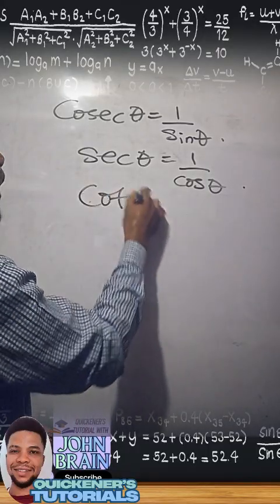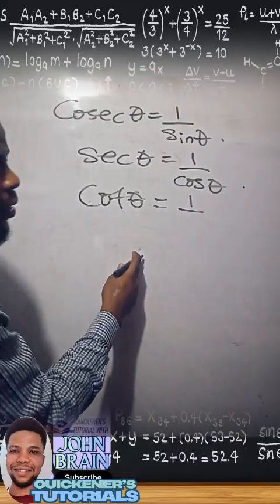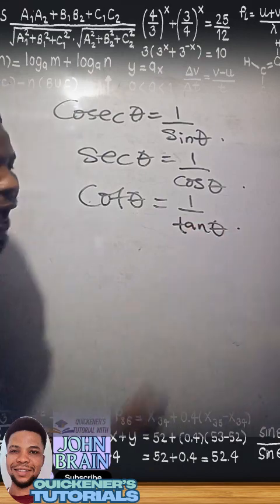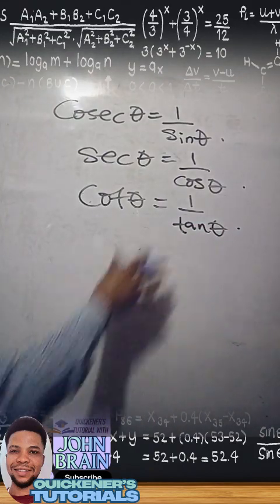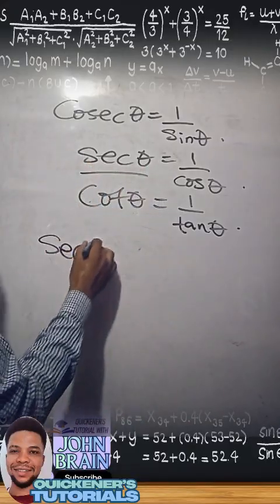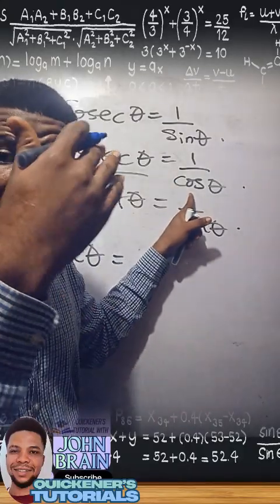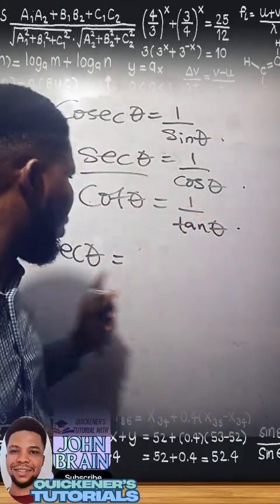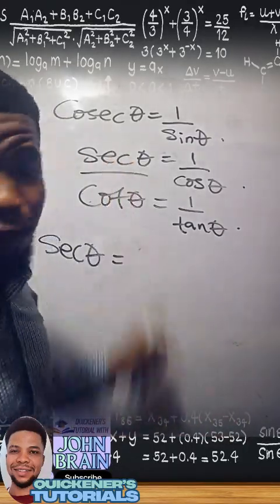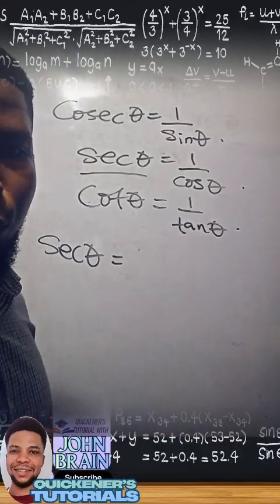Cot theta is 1 over tan theta. Are you with me? So, what does that mean? Let's take for example this sec theta. Cos theta is adjacent over hypotenuse, so sec theta will now be hypotenuse over adjacent. They are all inverses. Do you understand that? Alright?